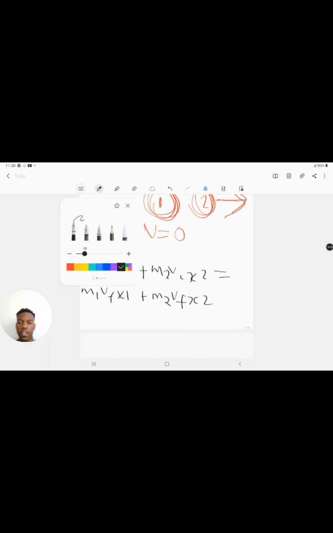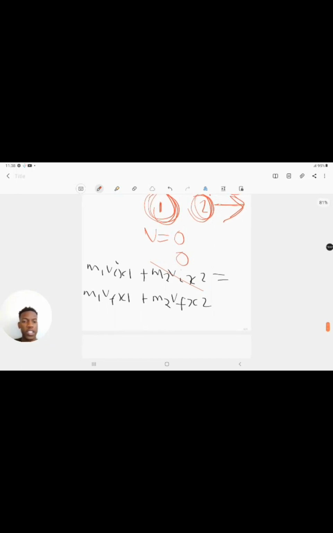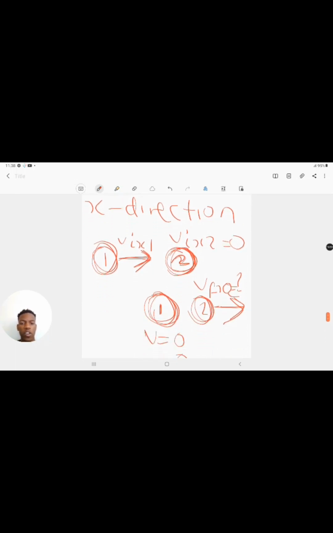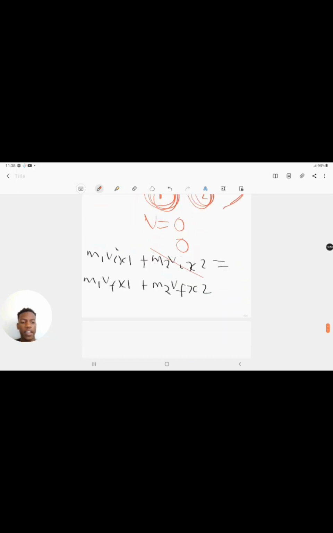You can see that this term will fall off completely because it is 0. Why is this 0? Because the initial velocity of ball number 2 was 0, so that falls off. And this term falls off too, because the final velocity in the x direction of ball number 1 was 0.